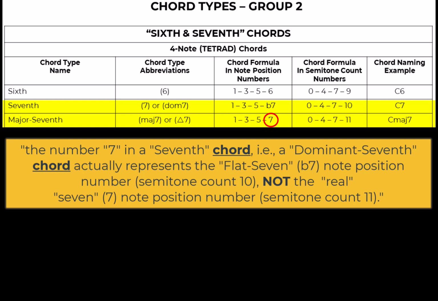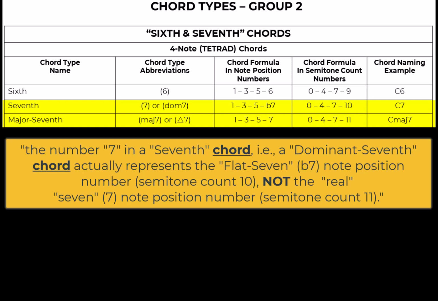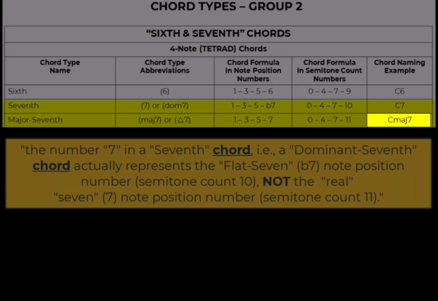The real number 7 note position number is used to name what we call a major seventh chord, which has the equivalent semitone count number of 11, not 10. So it is this one semitone difference which is what distinguishes the major seventh chord from the dominant seventh chord.